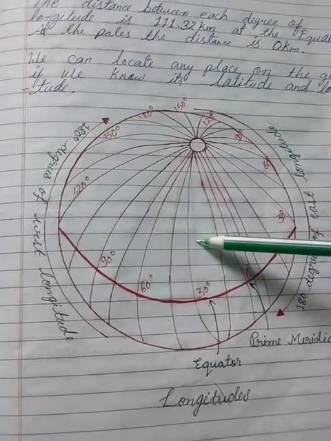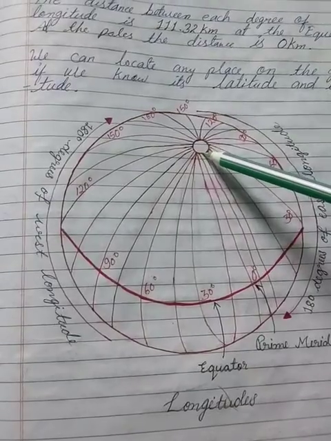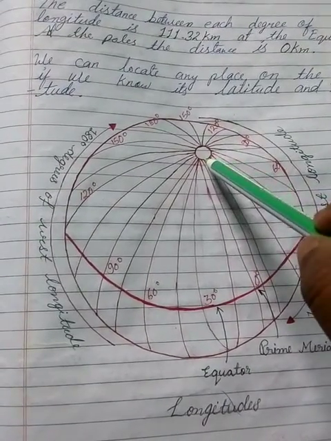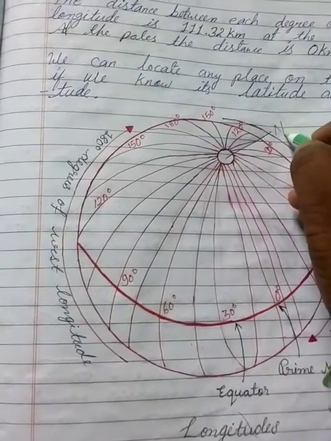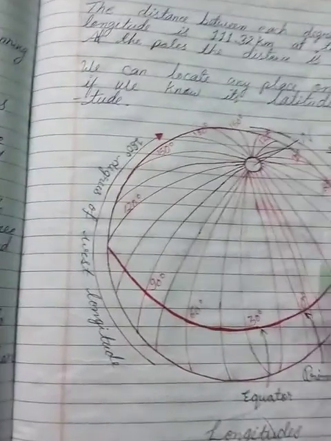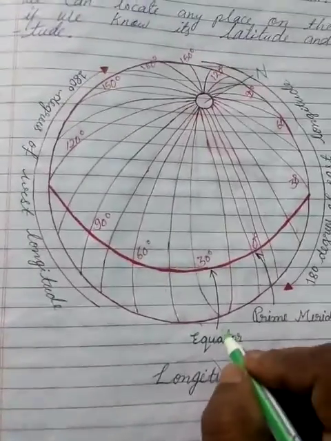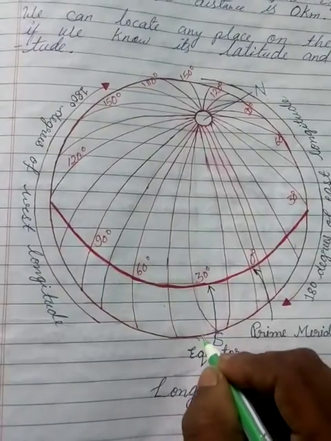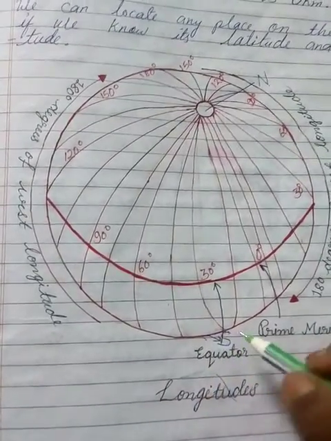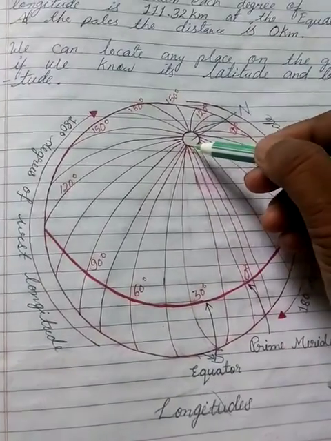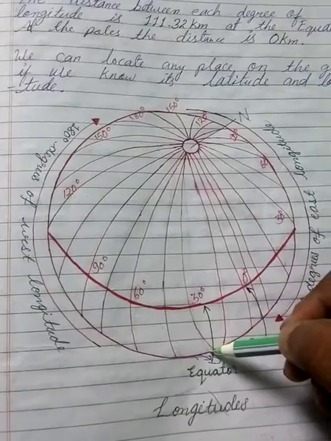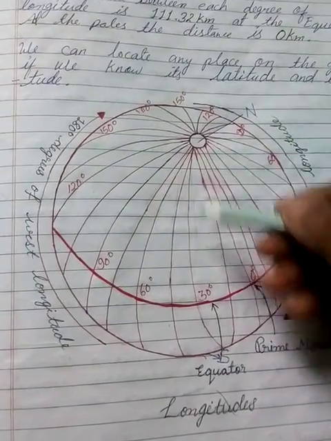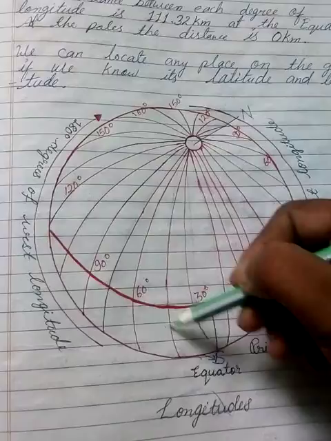This is a globe. The topmost point is called the North Pole, which we write with capital N, and the down part is called the South Pole, denoted by S. The imaginary lines drawn from North Pole to South Pole are called longitudes.